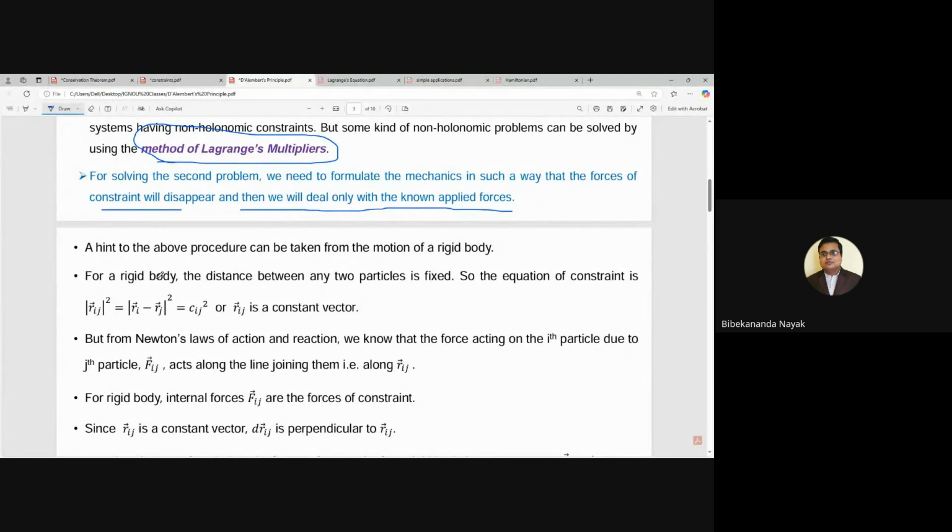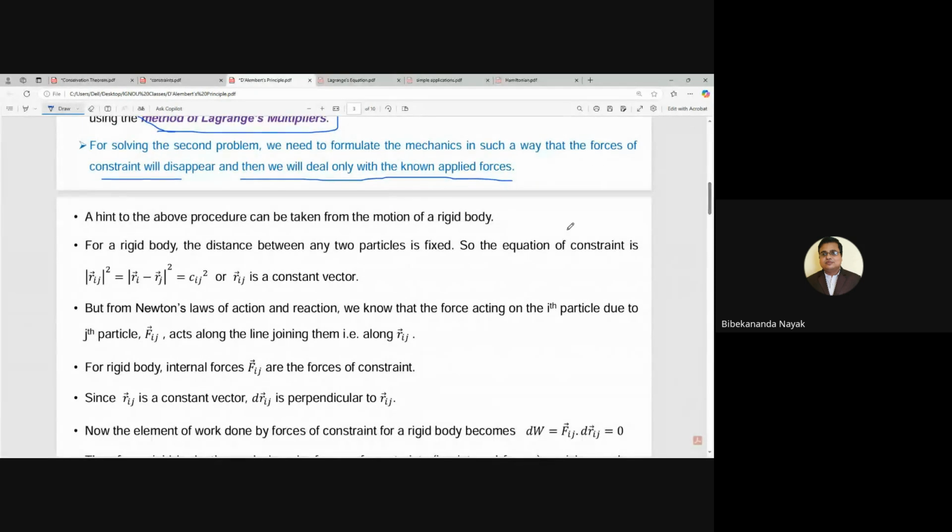Suppose, for example, a hint of this procedure can be taken from the motion of a rigid body. I have already told, a rigid body means inside a rigid body, the distance between any 2 points is fixed. So the constraint equation is this. But from Newton's law of action and reaction, we know that the force acting on the ith particle is due to Fij, it acts along the line joining them, Rij.